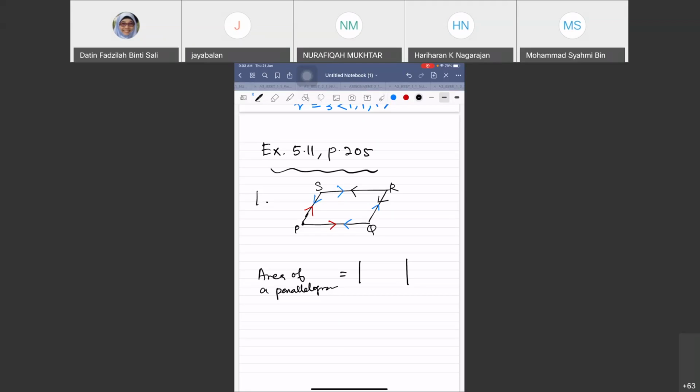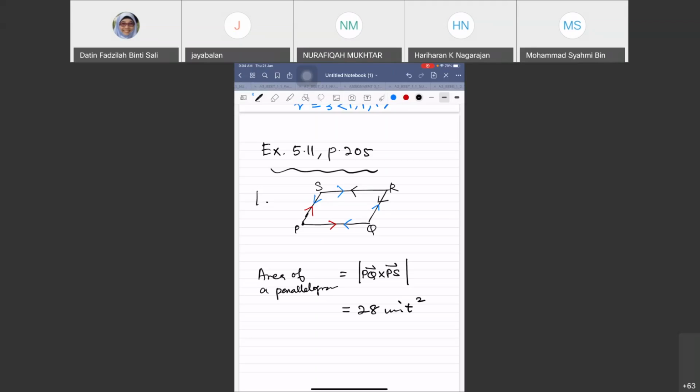You got what? 28. Okay. So you are using what? PQ cross PS. Okay, so that is the area of a parallelogram.